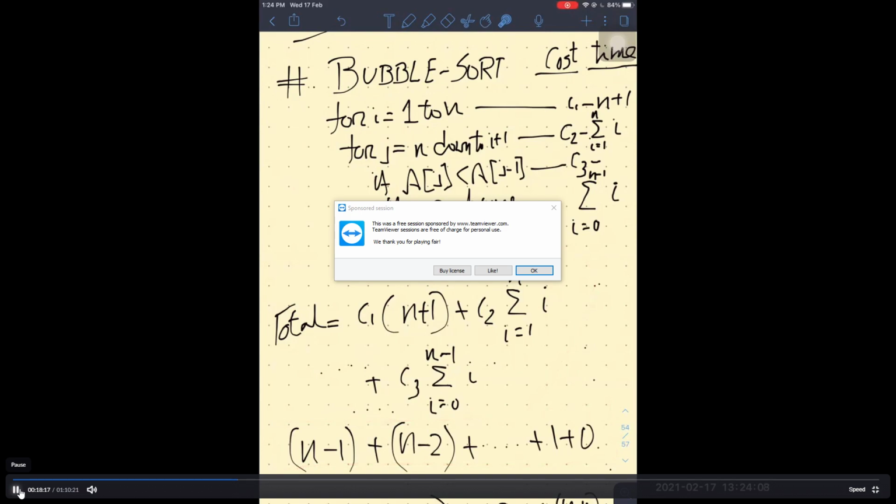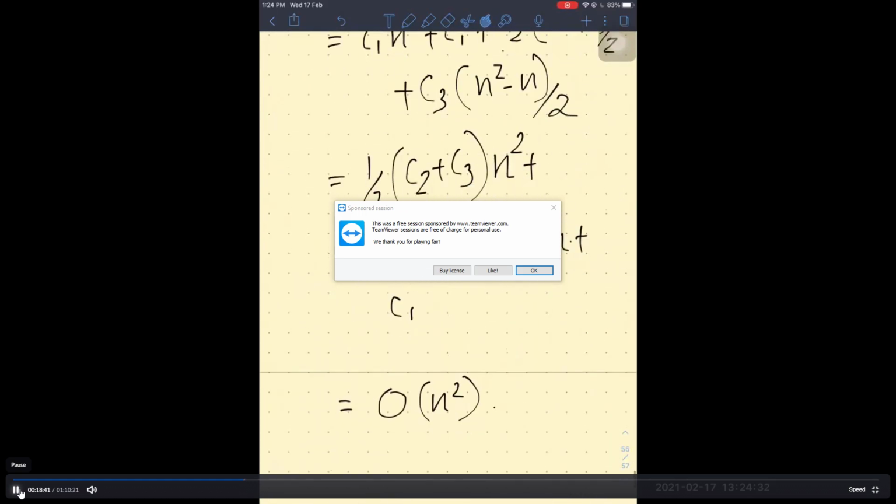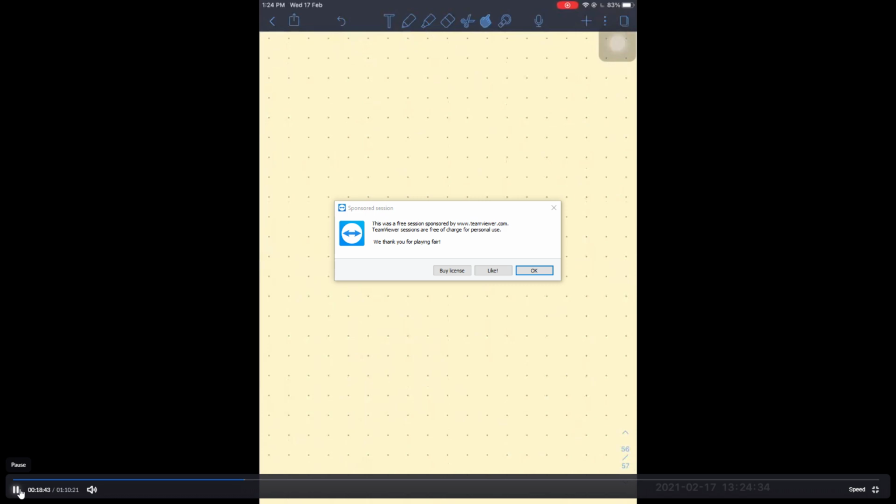Yes. Okay. So that's why we represent this in the form of this summation. Any other question regarding this runtime of bubble sort? Okay, so let's move on.